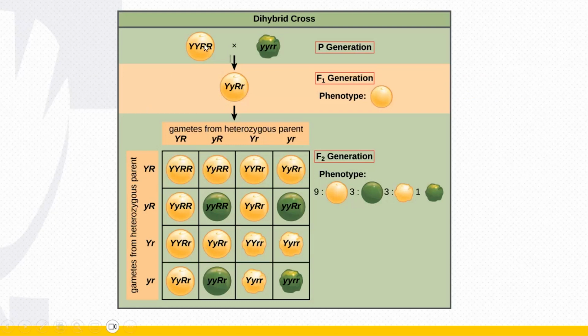Okay, so previously we had our parental generation, we have yellow peas that have a round phenotype and a genotype as well. And we are going to cross that with a homozygous recessive green pea and a homozygous recessive wrinkled pea.